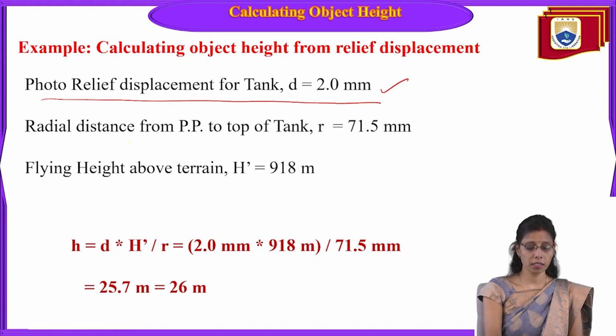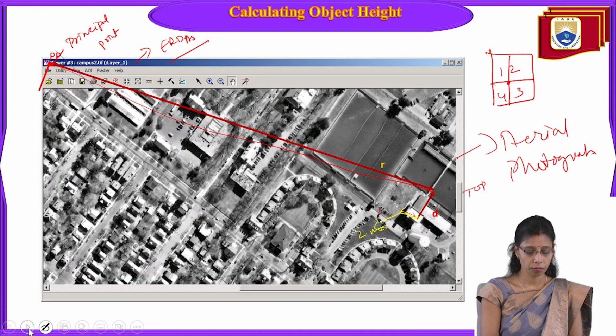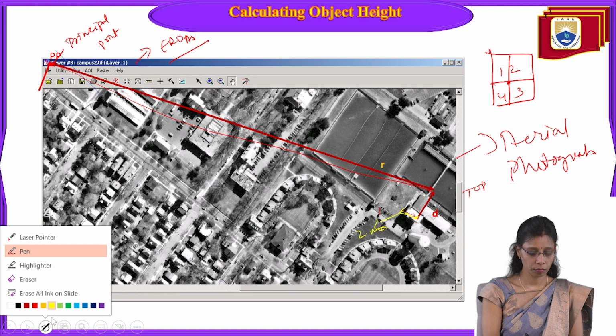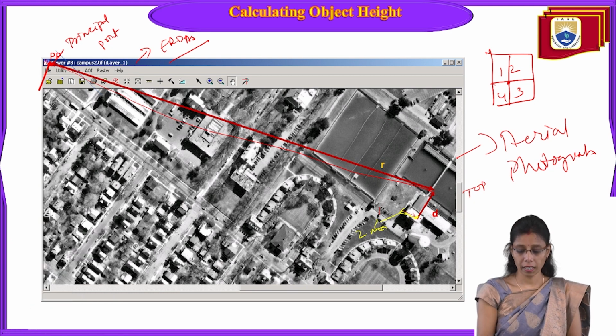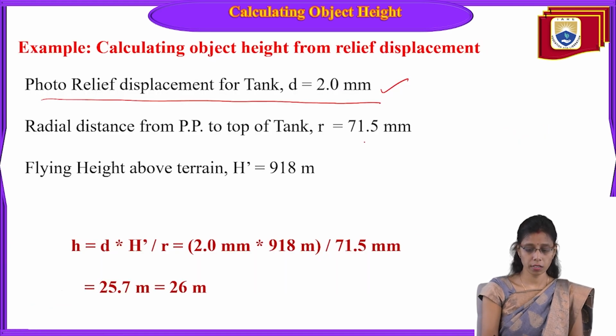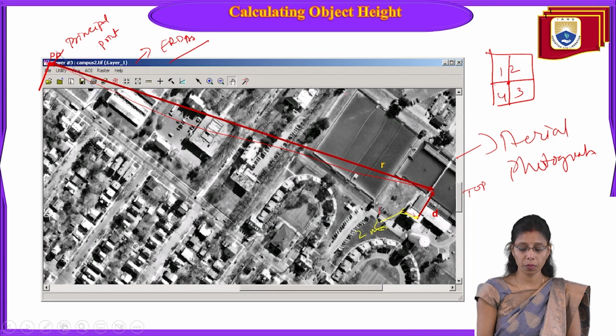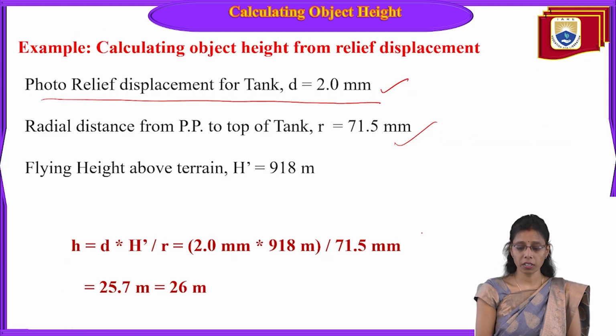Now the radial distance from the principal point to the top of the tank is 71.5 mm. Okay. Now we have just measured this radial distance, and we have measured the top and the base of the object. Now we have the value of D, that is 2 mm, and the value of the radial distance from the principal point to the tank.